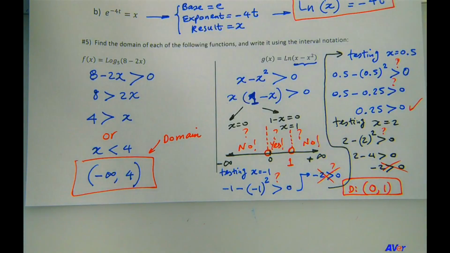Okay, I hope this is making sense. I thought that's a good example because it's mixing the domain of a natural log function with a concept we learned a while back, which was how to solve a quadratic inequality. When I ask you to review, it's because all of mathematics is like this.